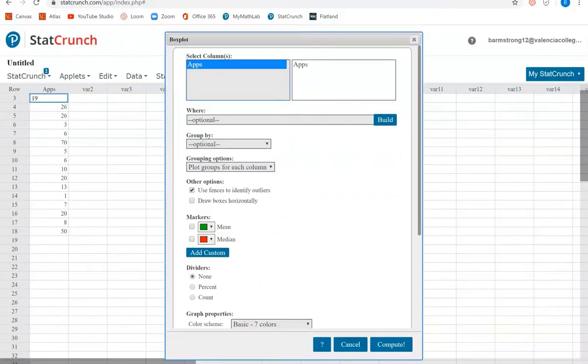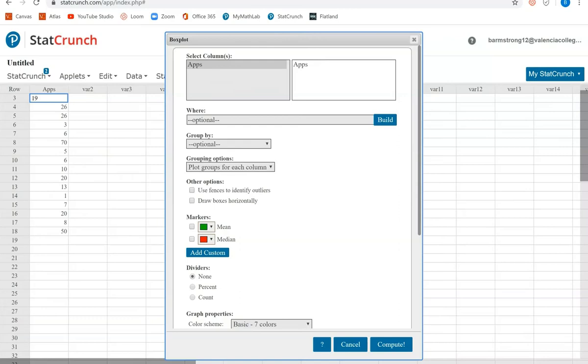If you unselect it, then there will be no formula applied. The whiskers will go all the way down to 1 and all the way up to 70. I'll show you that in a moment. The default for box and whisker plots is vertical. If you want it drawn horizontally, click on horizontal. So hit compute. And there's our box and whisker plot.